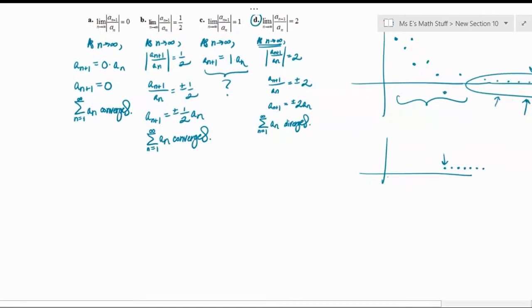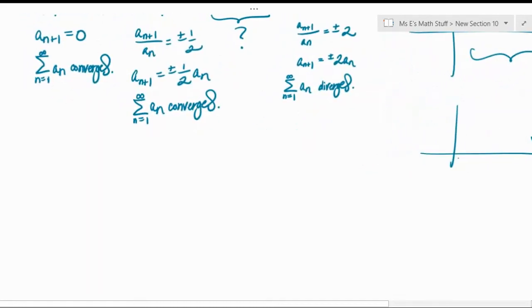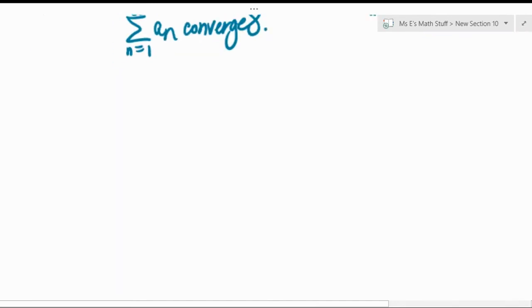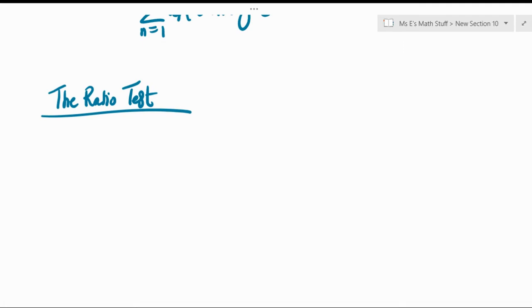So, now that we've had that discussion, let's introduce the ratio test. And my friends, I think of the ratio test as kind of like the big stick of tests for convergence and divergence, as in the ratio test works on most things pretty well.